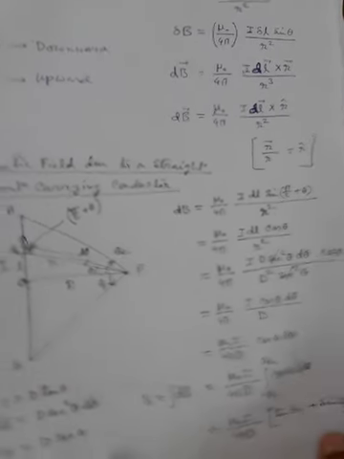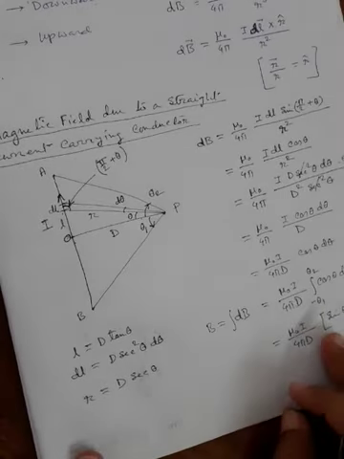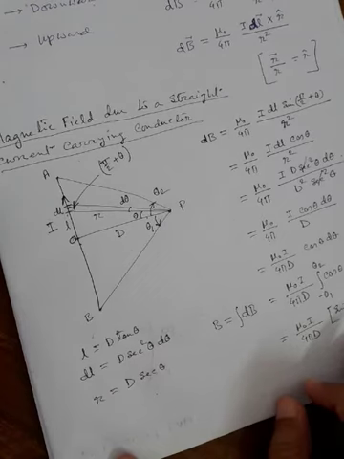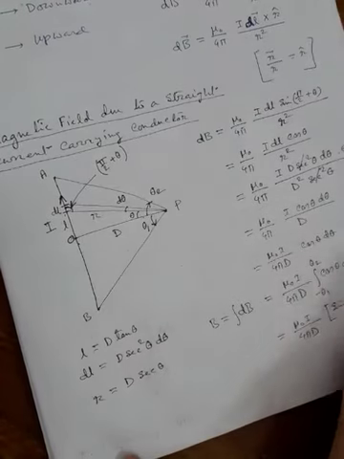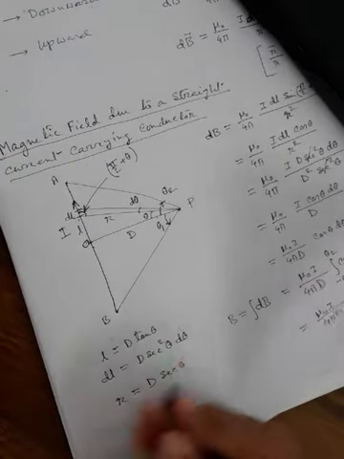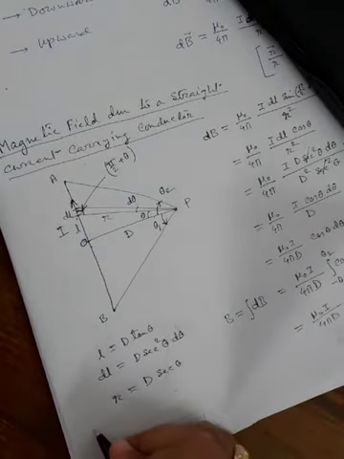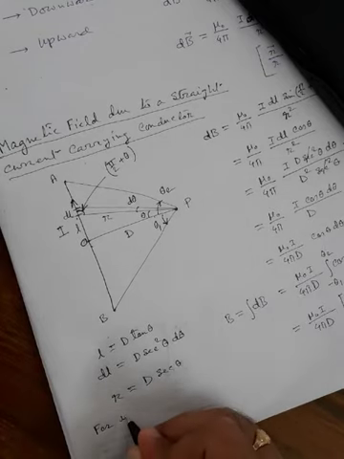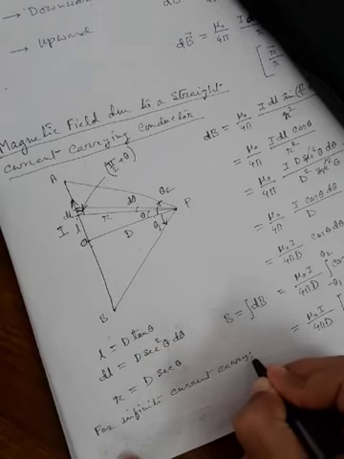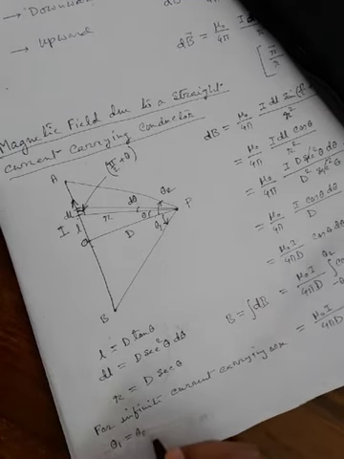Now if we want to derive the special case which we have already derived from Ampere circuital law, that is the magnetic field due to a straight current carrying infinite wire, then theta 1 and theta 2 will tend to pi by 2 as A and B tend to infinity, where theta 1 is equal to theta 2 is equal to pi by 2.